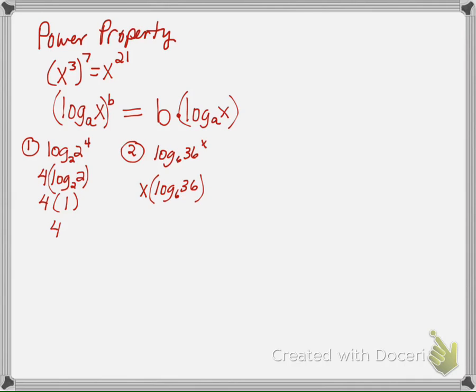I don't want the final answer. I just want you to evaluate log 36 base 6. 2. Okay, so that part is 2. Multiplying it by x. Now you can feel free to switch the order to 2x if you'd like. That's just kind of our standard notation. Make sense? All right, number 3.